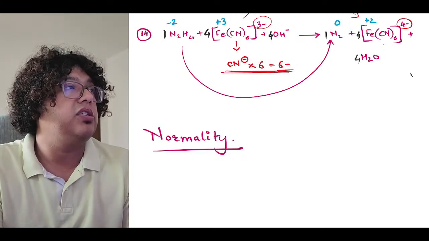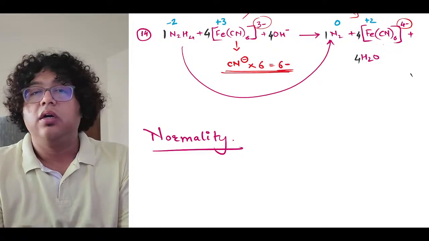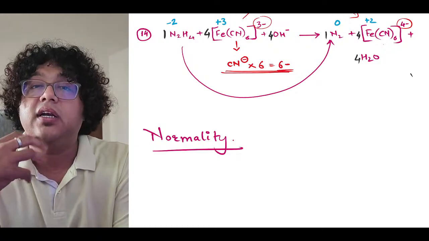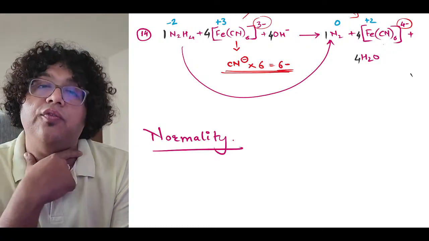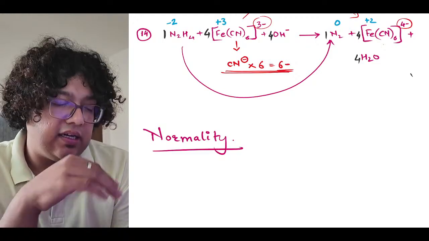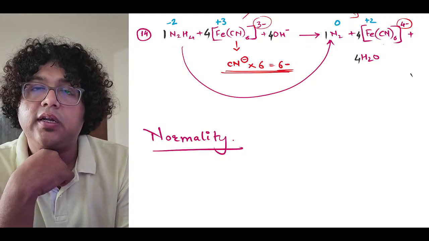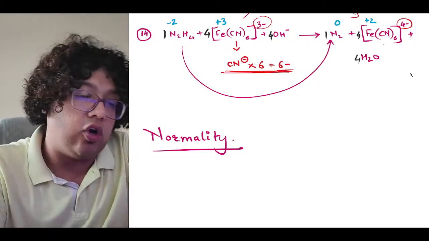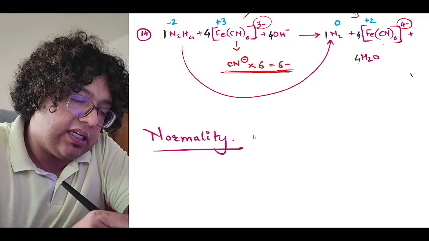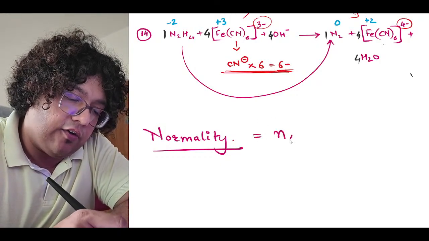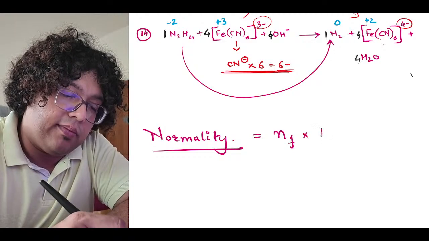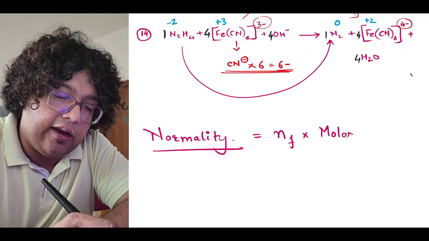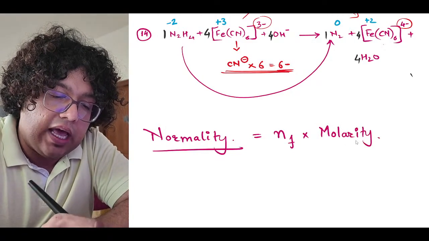So in such a situation, we needed a direct understanding of the N factor, and that direct understanding of the N factor when included with molarity gives us normality. I personally like this definition of normality, where normality is nothing but N factor times molarity.